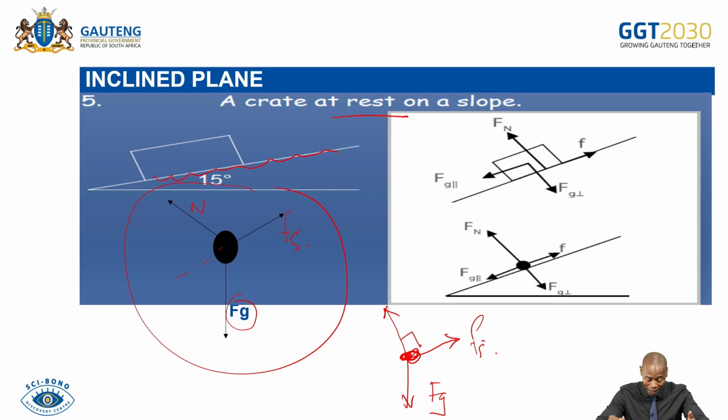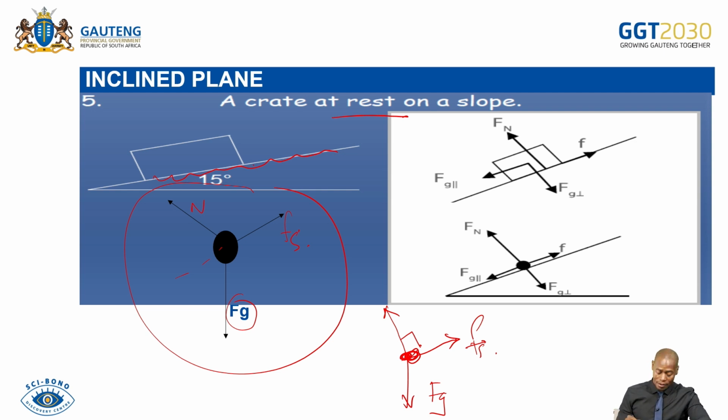If we assume that this surface is smooth, then this object was not going to be stationary on that inclined plane. The reason why it is stationary is because of the static frictional force, which opposes the motion of an object.